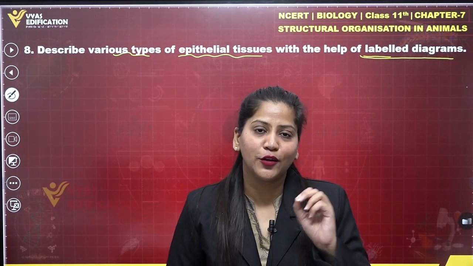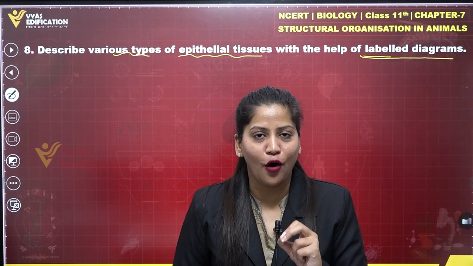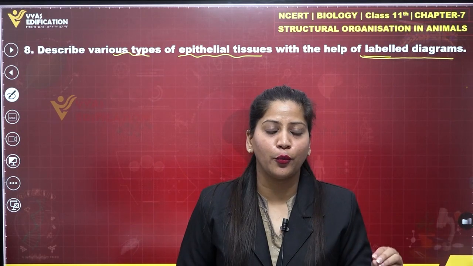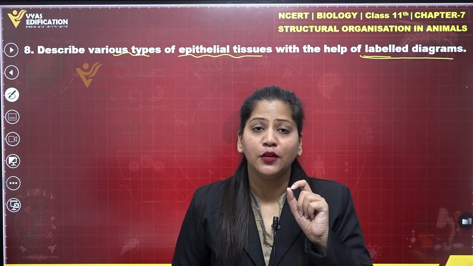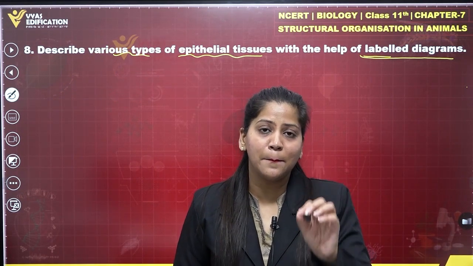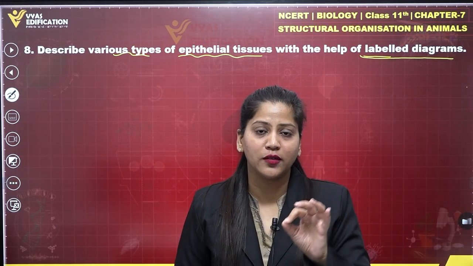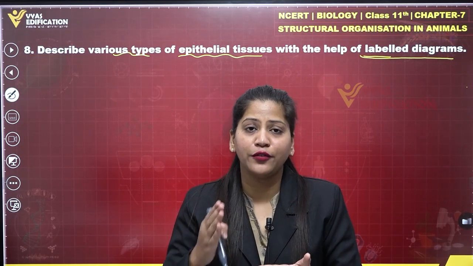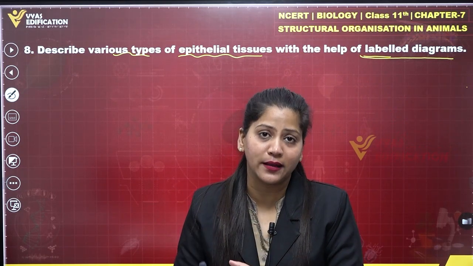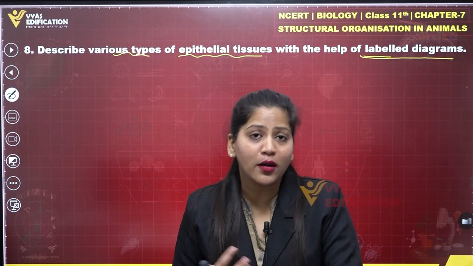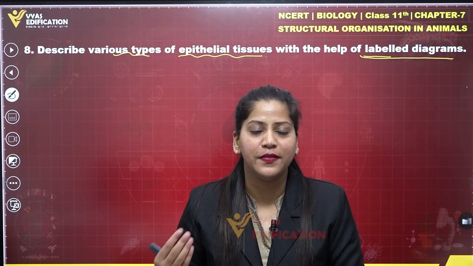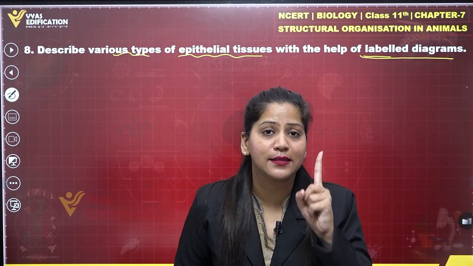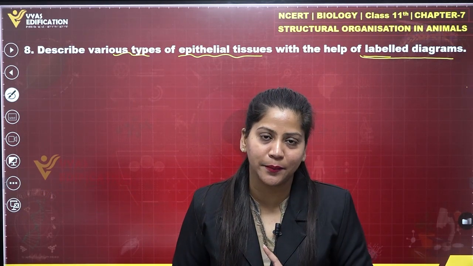So, simple cuboidal epithelium consists of a single layer of cuboidal cells, and you will find it wherever the function of secretion and absorption takes place, like in the proximal convoluted tubule of the nephron, right?